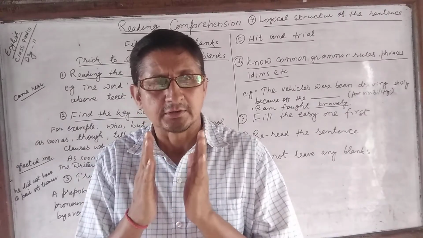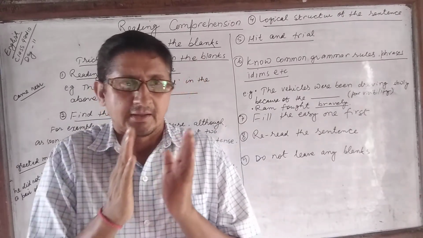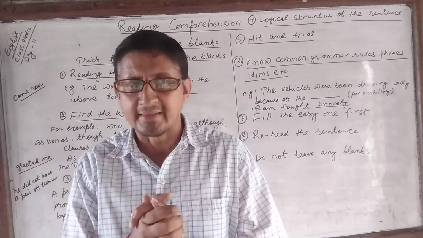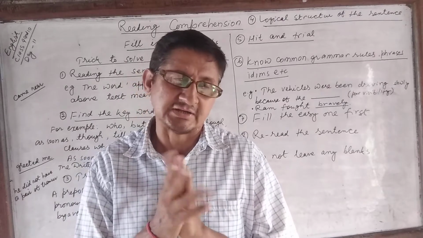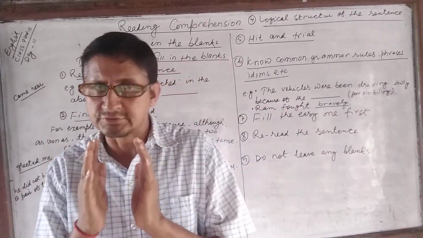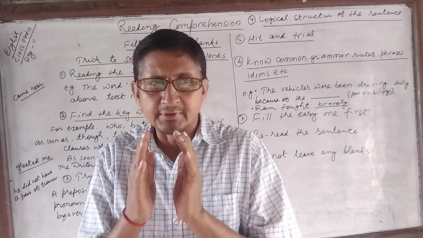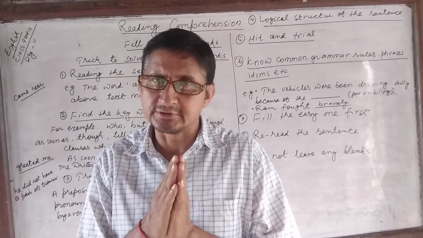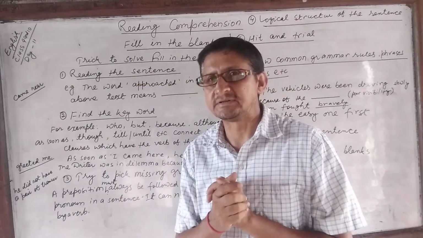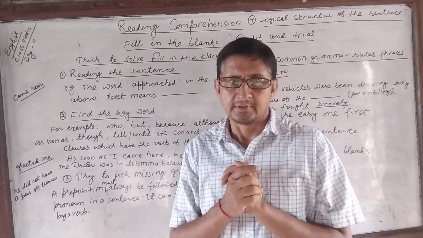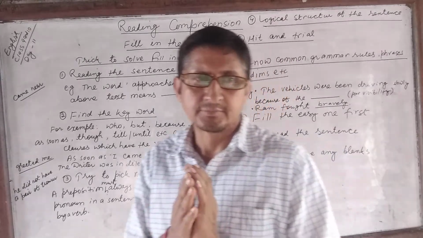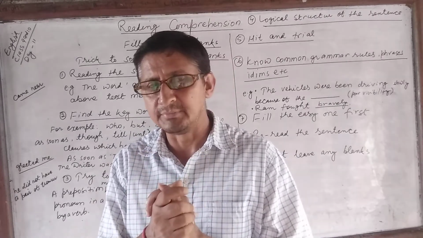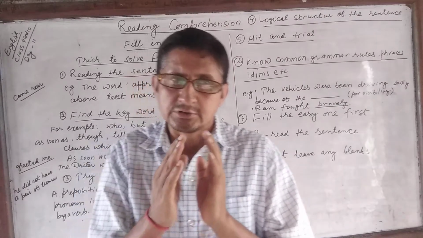If the sentence doesn't make sense, try and replace the word with a more well-matched and meaningful alternative. The word you have chosen must enable you to read the sentence correctly and smoothly without any grammatical error, and should give it a plausible meaning. It means a reasonable meaning. It should give a true meaning.